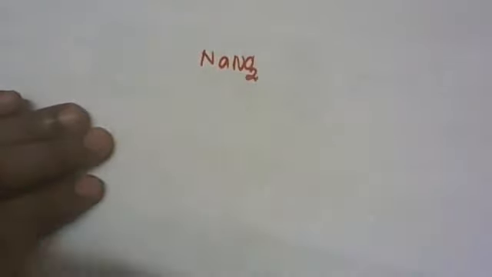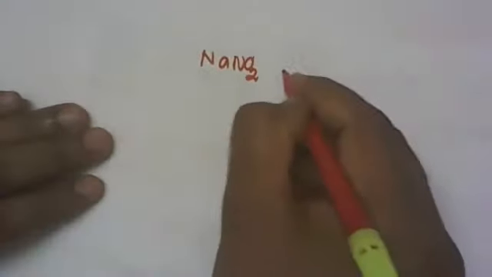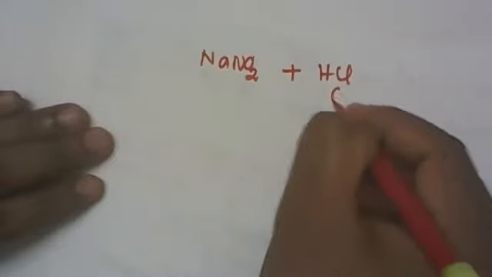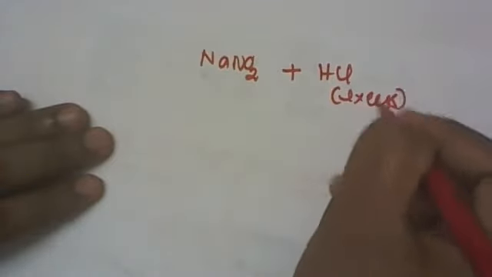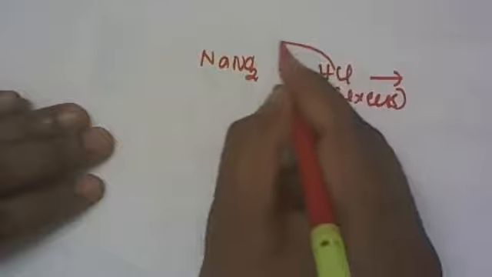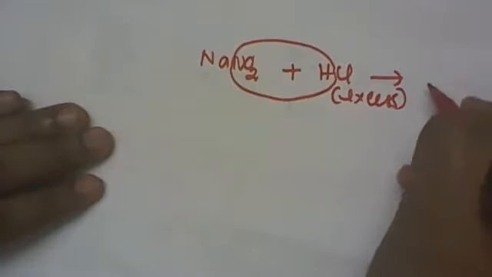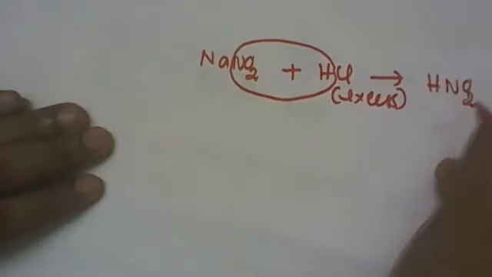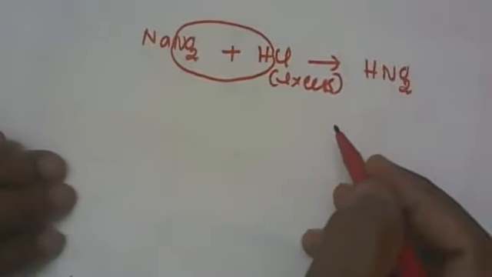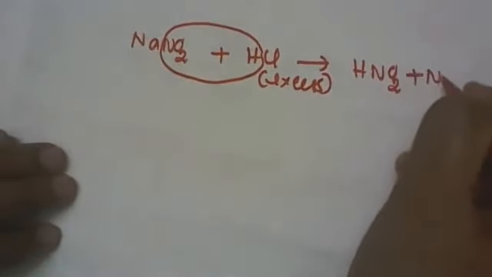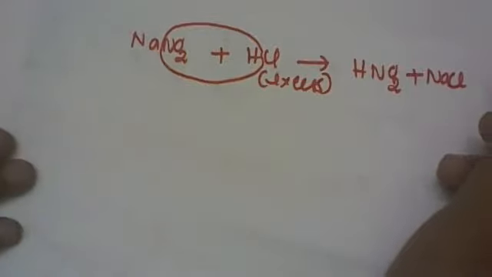What we are doing is taking sodium nitrite crystals, NaNO2, and treating them with excess dilute HCl. What will happen now? We will get nitrous acid, formula HNO2, plus sodium chloride, NaCl.